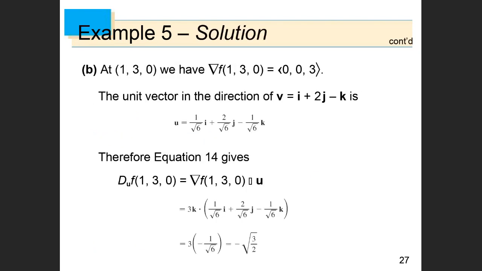At (1, 3, 0), we determine the gradient, which is (0, 0, 3), using the result we found for the gradient, and we just multiply it by u, as detailed previously. This is the directional derivative. We find that it's minus square root of 3 over 2 at (1, 3, 0). That was the last example we solved last time.